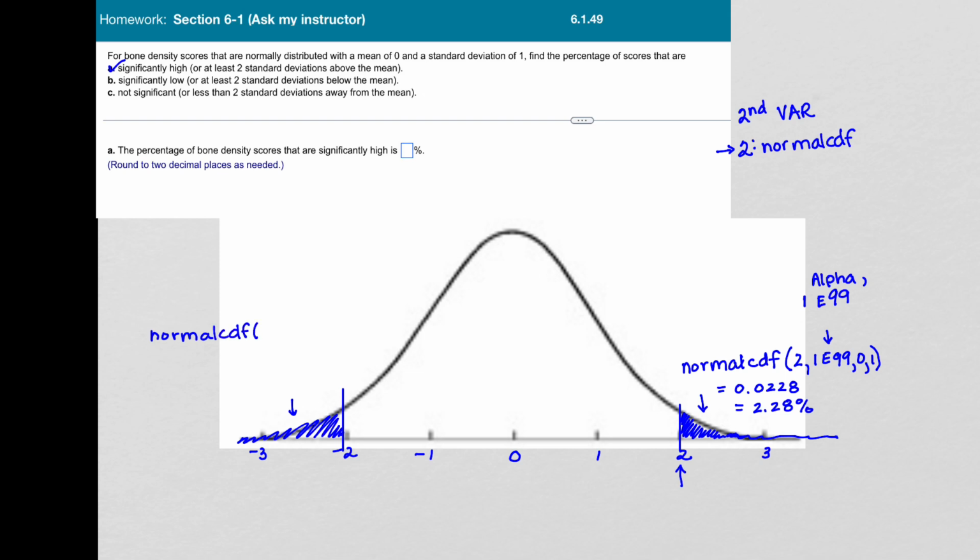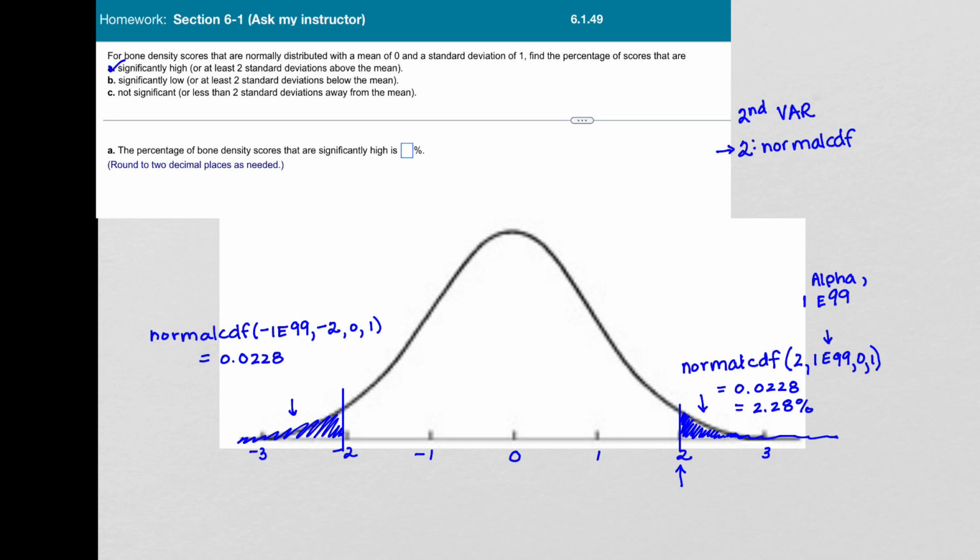Now my lower boundary is negative 1e99 because we're on the negative side of 0. And we're going up to -2 for our upper boundary. Mean is 0, standard deviation is 1. Now, because we had already calculated normal CDF to infinity, this is going to be the same value, so I don't really need to calculate that, but I wanted to show you what you would type in if you just had to do that one part.